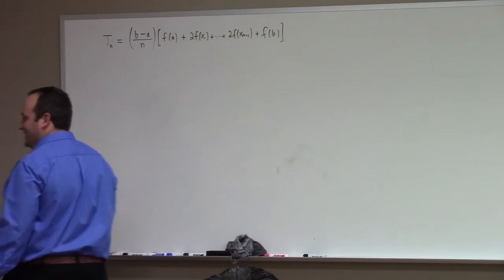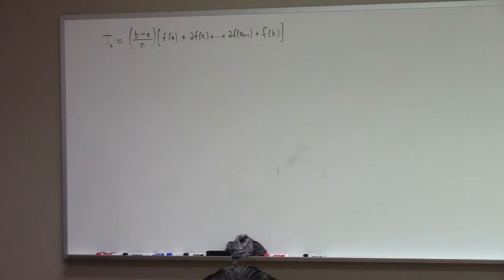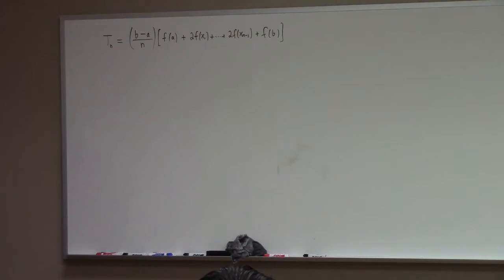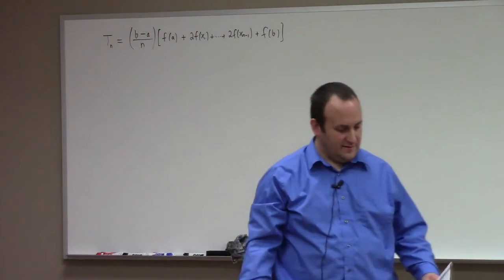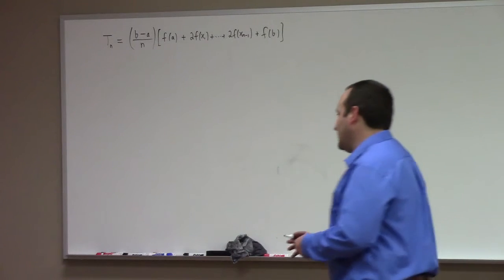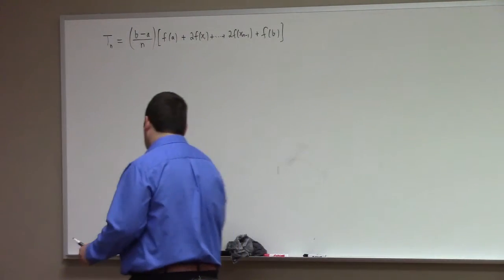Now, the last one is much more adventurous. This is known as Simpson's rule. Simpson's rule has to be done for an even number of subintervals, and I will only be so foolish as to try to illustrate it for 2. So here's your a, b is x2. And so what Simpson's rule says is, well, trapezoids, come on, we can do better than that. Why don't we approximate the area with parabolas?